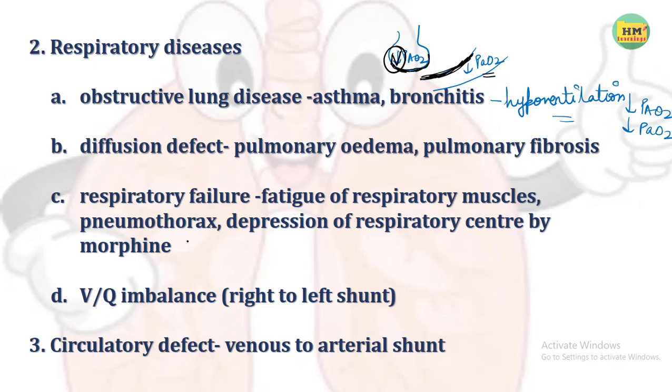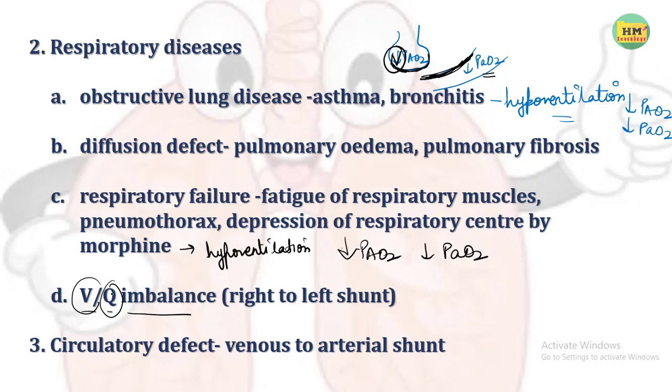Next is respiratory failure. In respiratory failure, again there is hypoventilation. So there will be a decrease in the alveolar O2 as well as a decrease in the arterial PO2. Then there is VQ imbalance. V stands for ventilation, Q stands for perfusion. There are some alveoli in the lung which are unventilated, but they are well perfused.